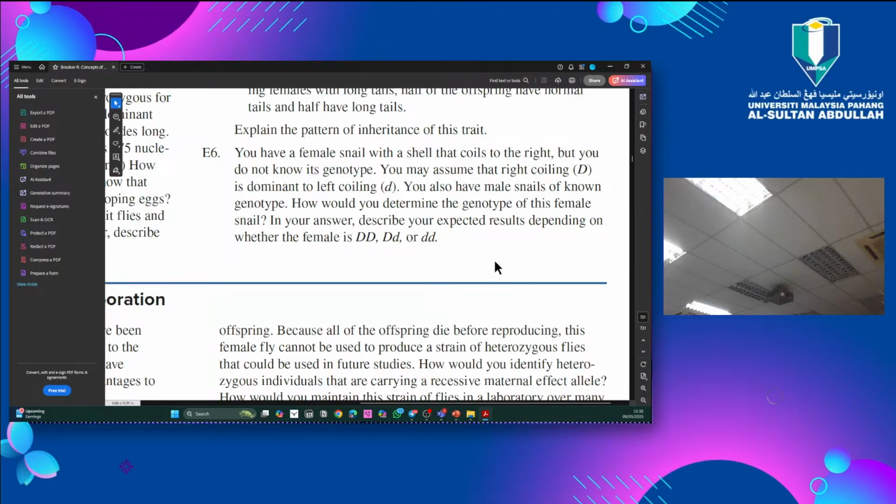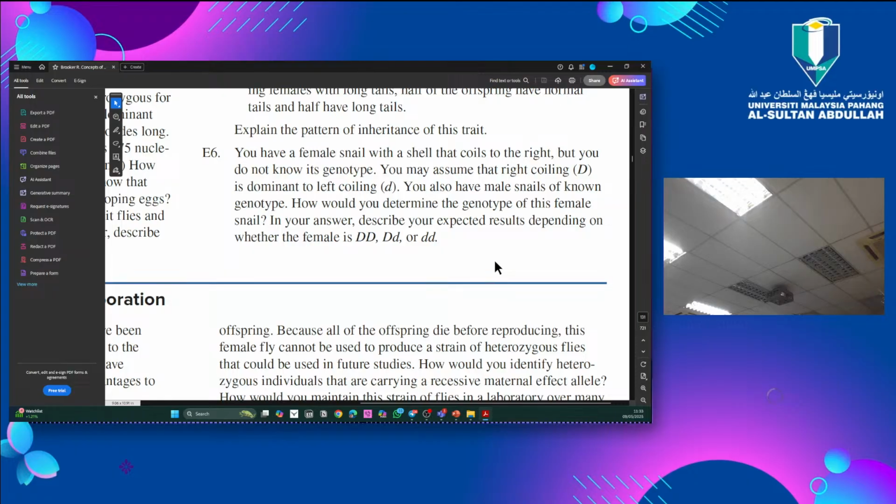So we have DD, the heterozygous. So you must give an assumption. This is not known. So you have a female coiling to the right.